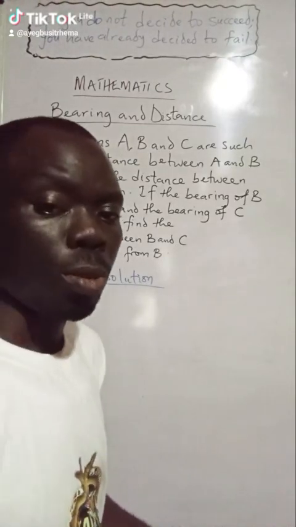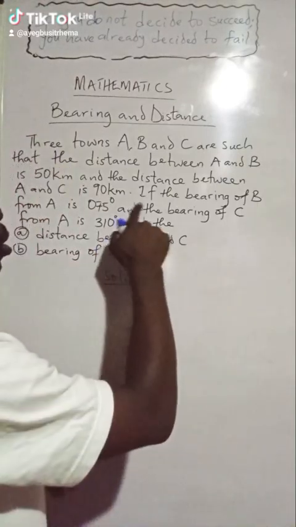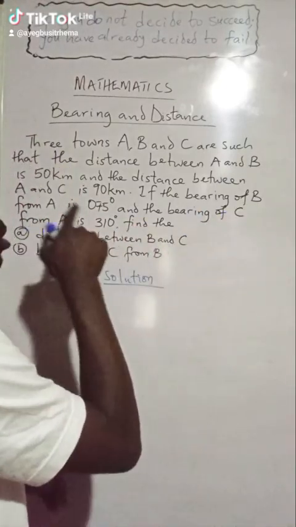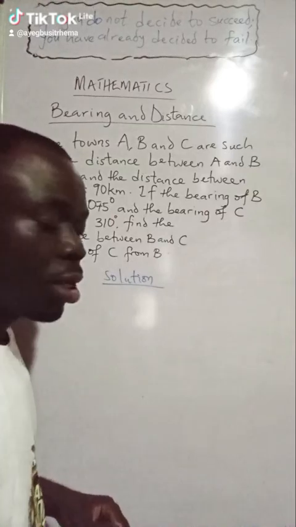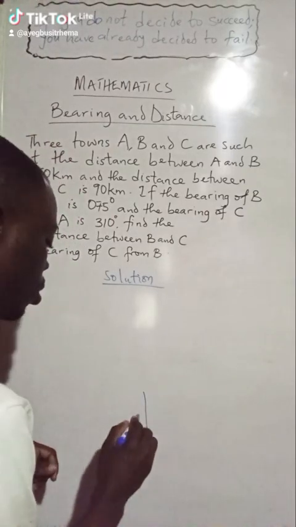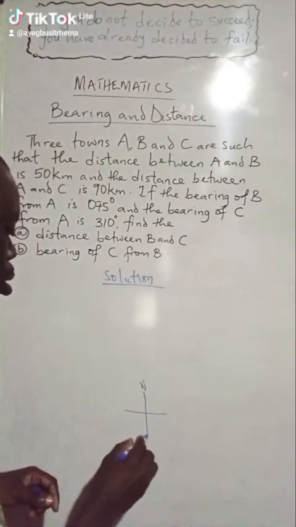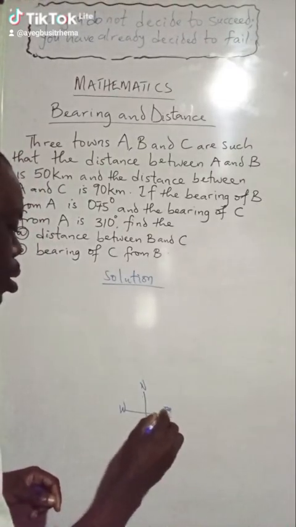The first thing is we want to show the bearing. Look at this question. If the bearing of B from A is 75 degrees, how do you indicate the bearing? It follows from north, south, west, east.